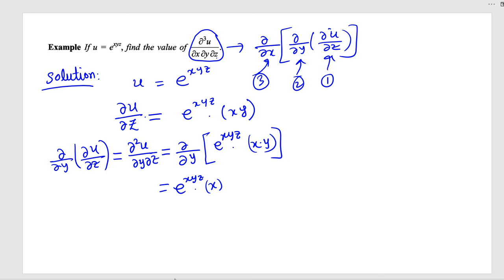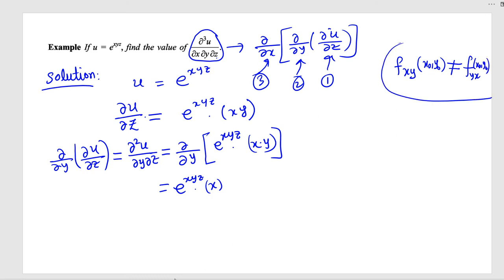Because as I said, f of xy at some point may not be equal to f of yx at the same point.